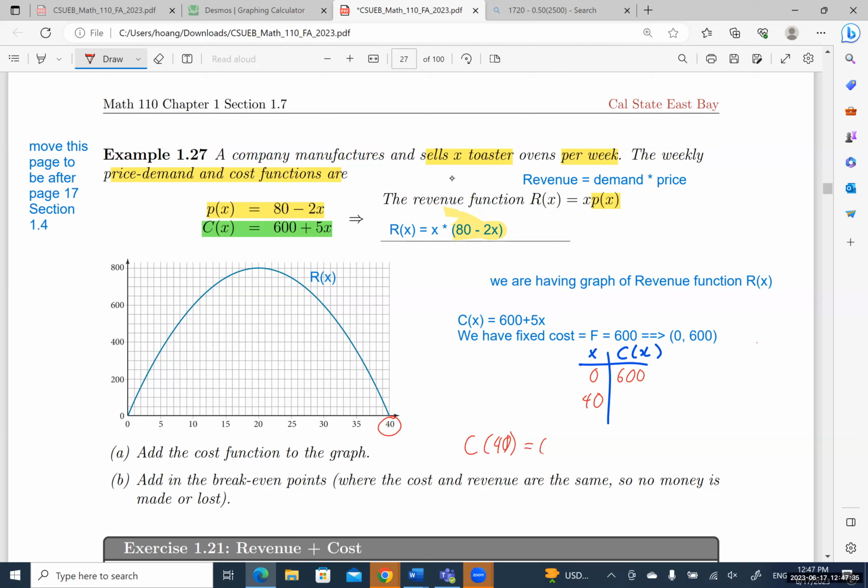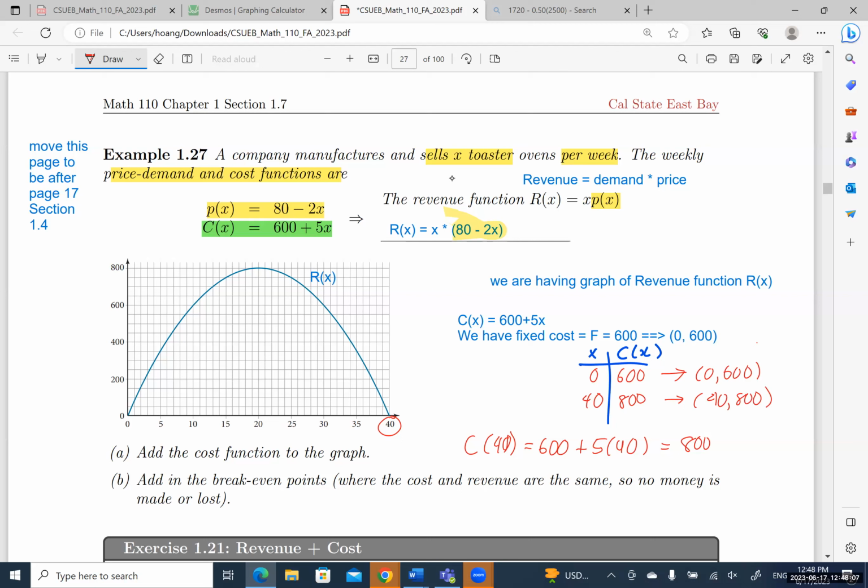What is that going to be? It's going to be 600 plus 5 times 40, which equals 600 plus 200, which is 800. So that's the reason why I put down 800 here. I have this as 0, 600, and this other one as 40, 800.